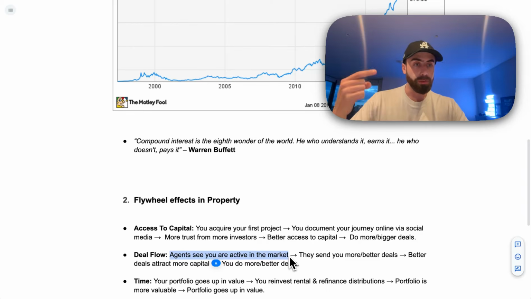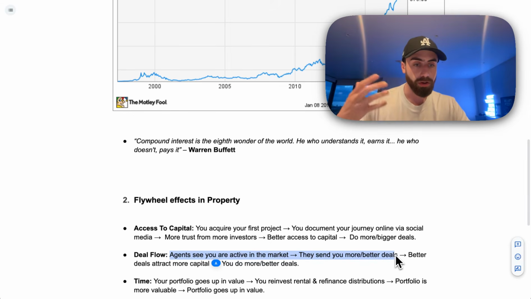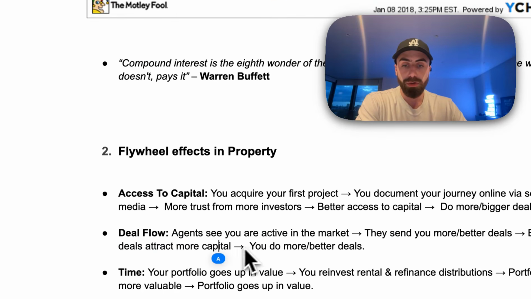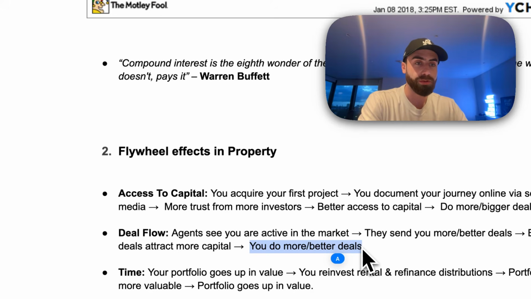And so you're going to be more top of mind with these agents, because maybe they're seeing what you're doing on social media in the local area as well with your project, which means they're going to think of you more and send you more deals, and they're going to send you better deals earlier on. And the better deals you attract, the more capital you attract, which ultimately means you're going to do more, better deals.